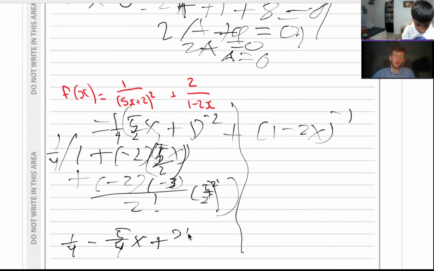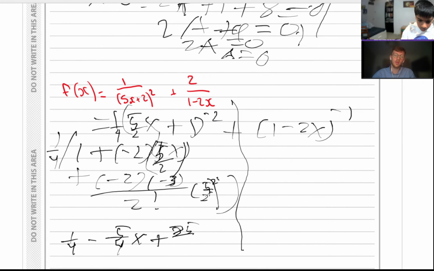Good, so 3 times by a quarter. So it's 3 over 16 x squared. And if we expand this one, it's already in the form that we want. Okay, good, but look at the fraction quickly because you've missed something out.